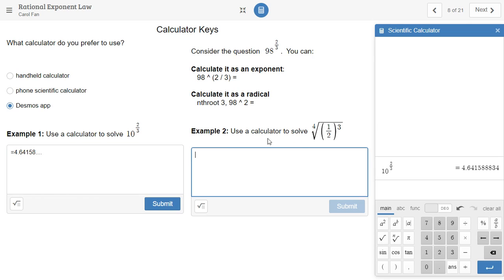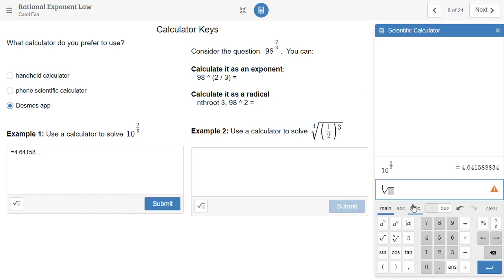Now, if you're typing a radical form in the scientific calculator for this course, you would need to type in nth root, which gives you an option to put in the index. And then we're going to put 1 over 2 all to the power of 3.